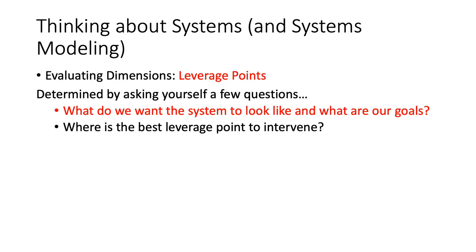So thinking back to our systems model, we want to evaluate the dimensions for leverage points. And we want to think about asking ourselves a few questions. What do we want the system to look like, and what are our goals?